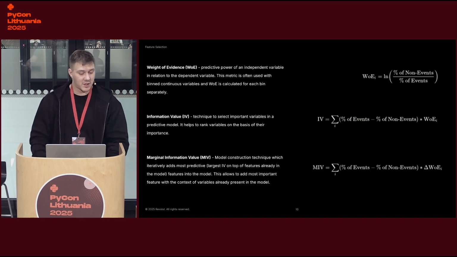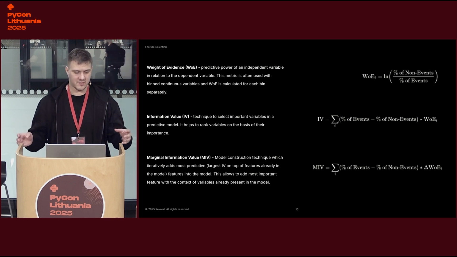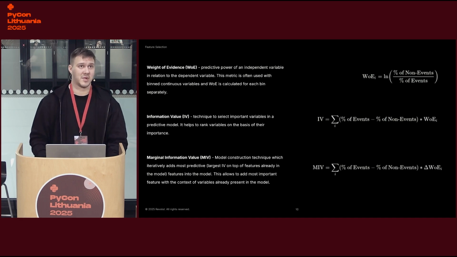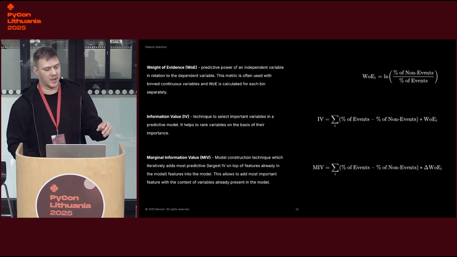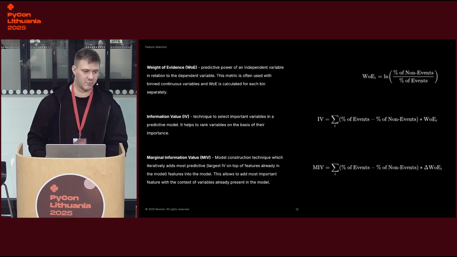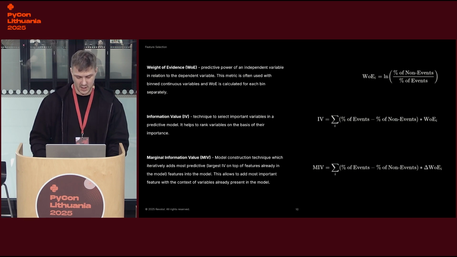Good. After we calculated weight of evidence, we can calculate information value. Essentially, it's a technique that selects important variables in a predictive model, so we are able to rank all the variables from a feature pool. Again, getting back to the deep feature synthesis, sometimes we have feature pools of 60,000 plus features. And this technique allows us to select the most informative ones, which would be best suited to be used in the exact model.